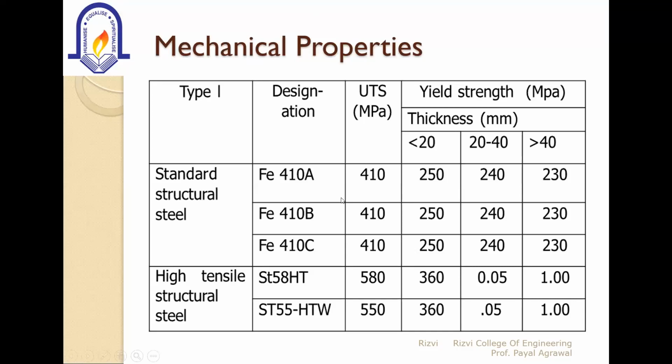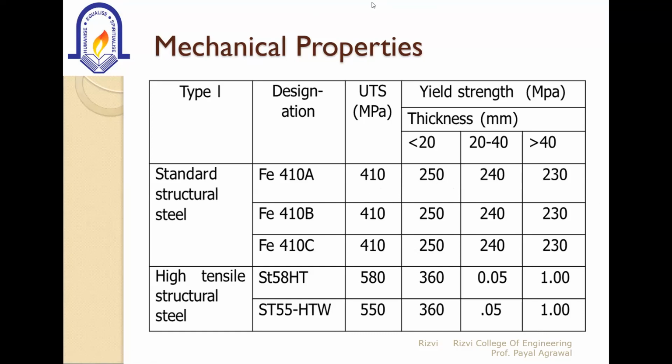For Fe410A the UTS is 410, and for the yield strength it depends on the thickness in mm. Again this table is there in the IS 800 2007.